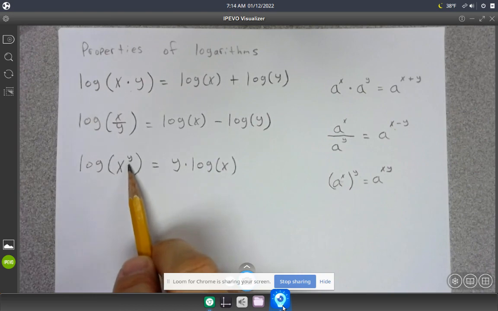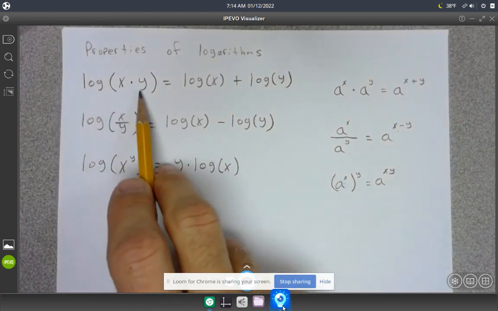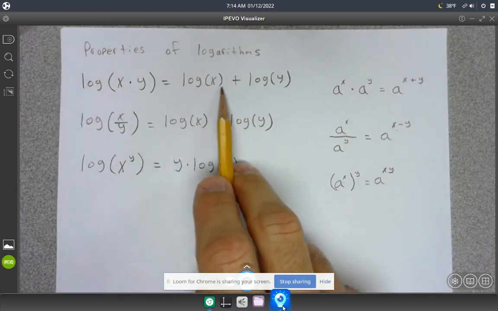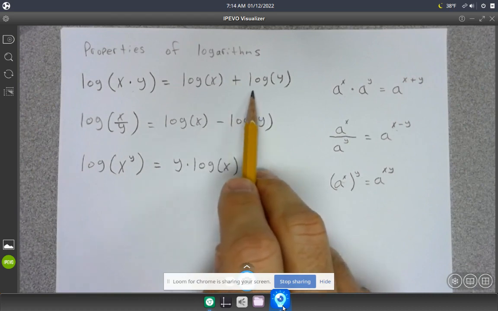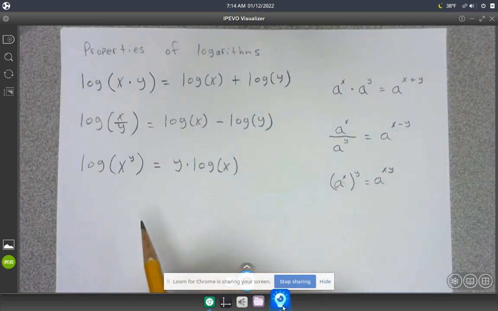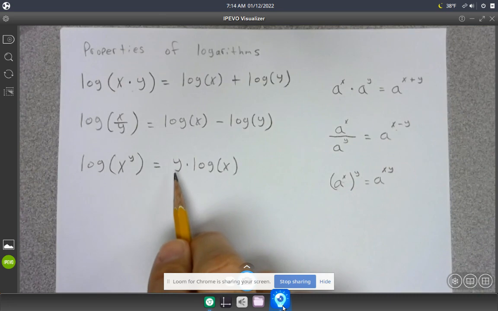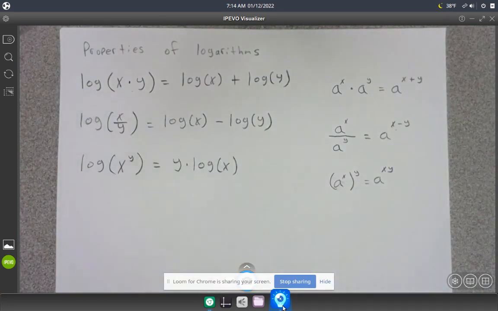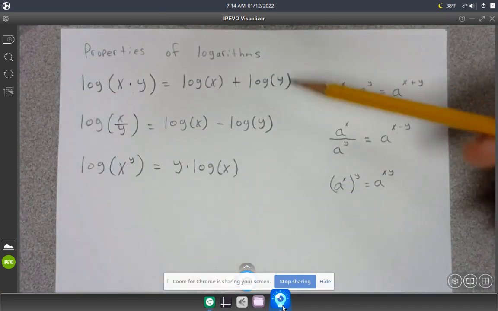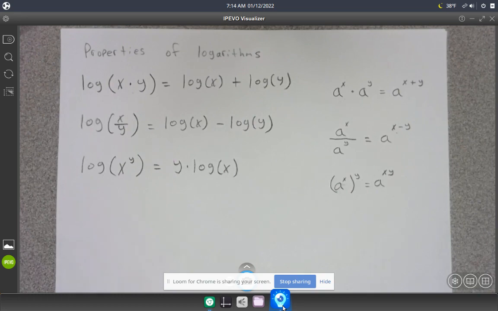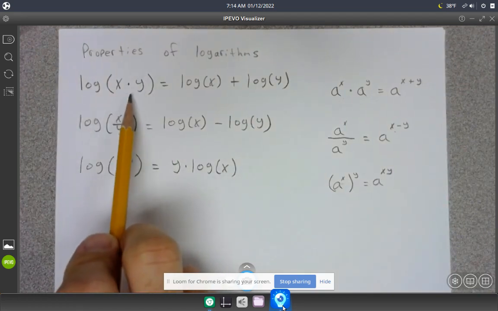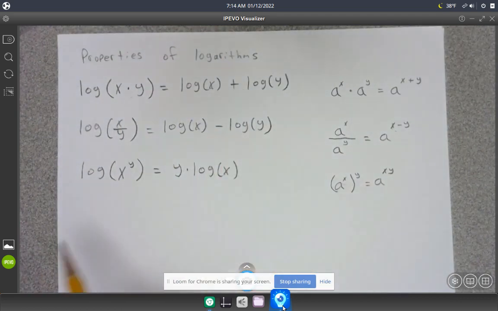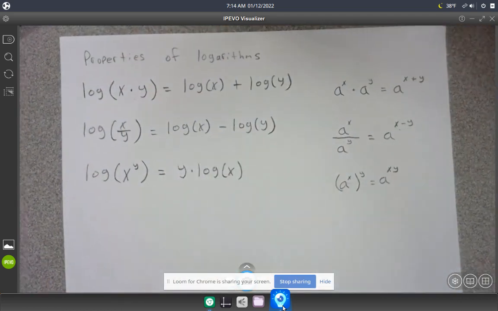And since multiplication gets rewritten as a sum, and you're repeating that sum y times, that's why you get y times the log of that thing. So these are our three properties of logarithms. You'll want to memorize them, I suppose. The log of a product you can rewrite as the sum, and well, there they are. There's other ones.